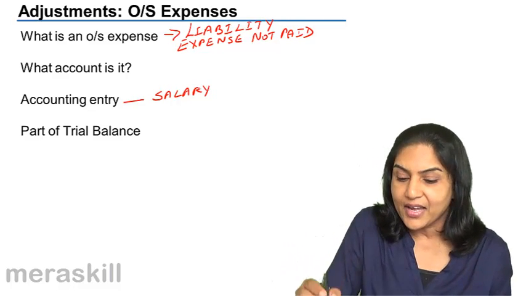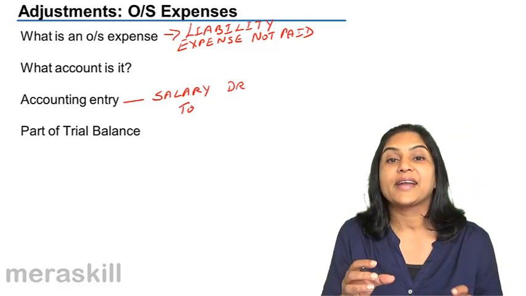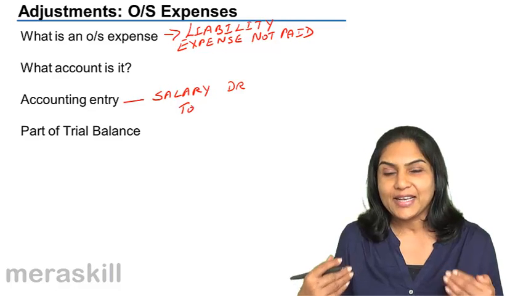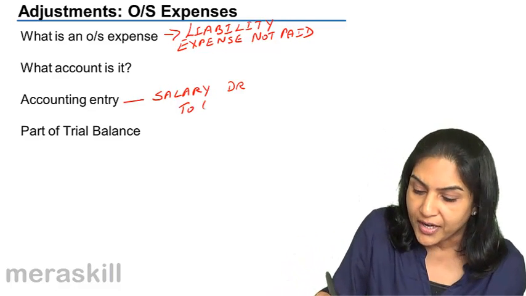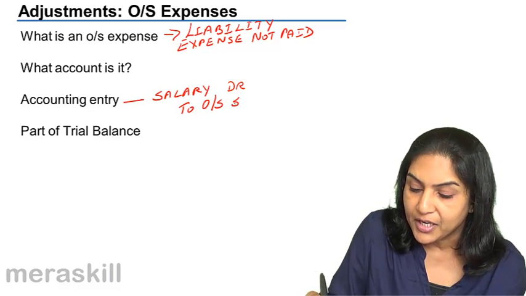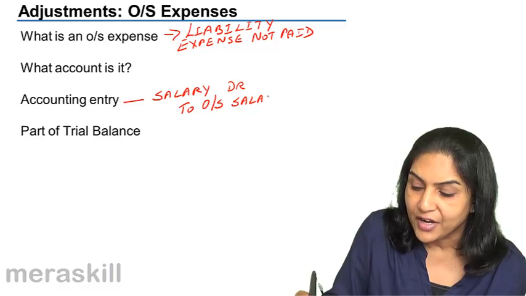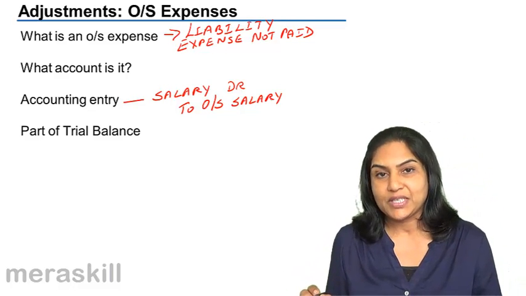So our entry is salary account debit to, we do not write employees. Whenever an expense is payable and has not been paid, we call it outstanding expense. So salary account debit to outstanding salary, or whatever expense account debit to outstanding expense account.